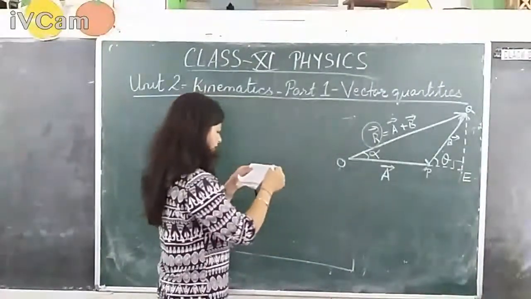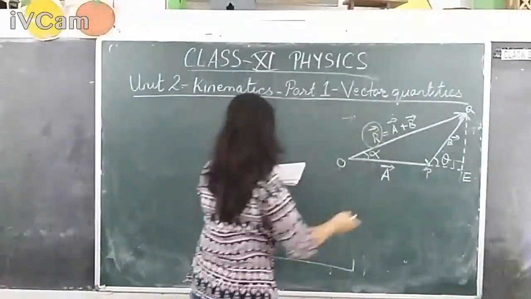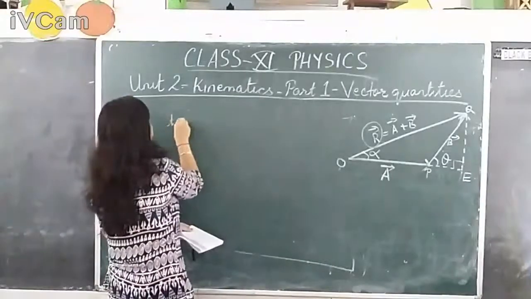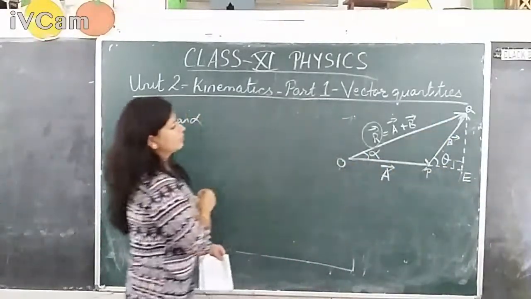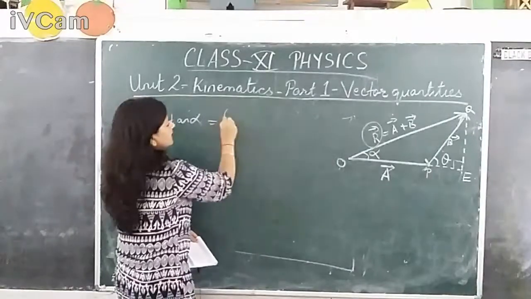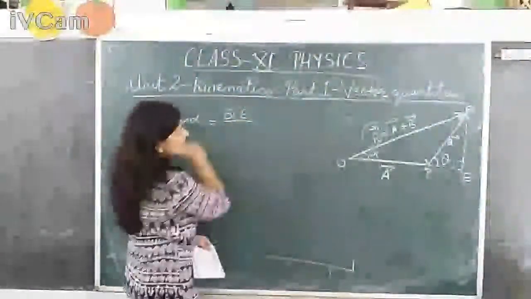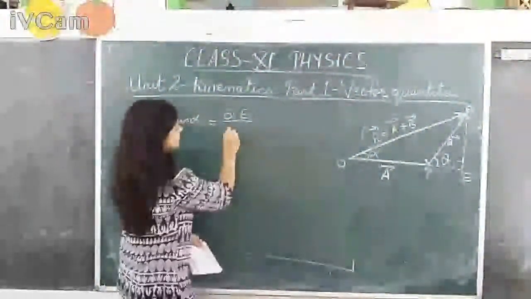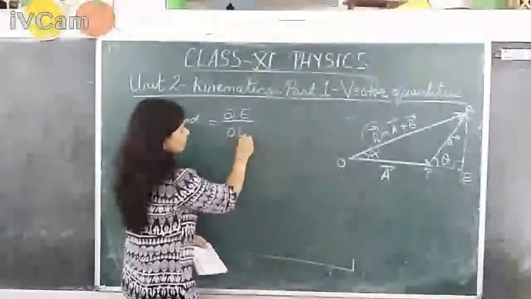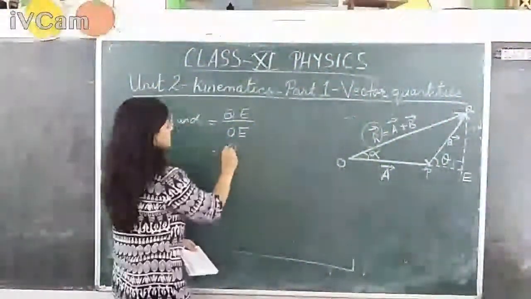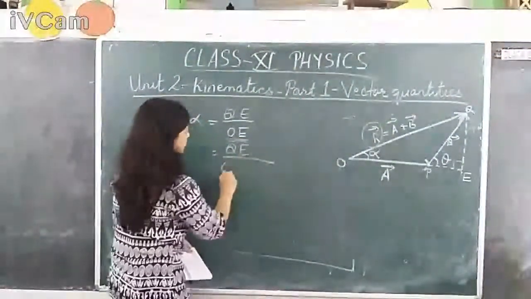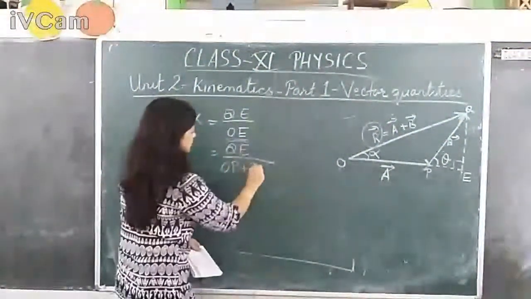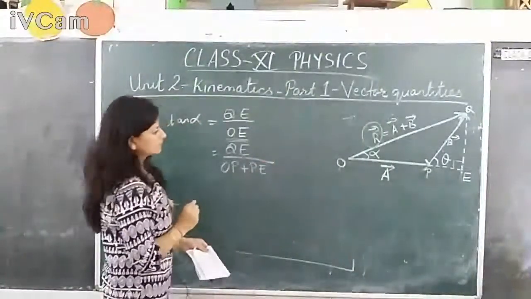If you look at this big triangle, tan alpha is equal to perpendicular by base, which is QE by OE, and OE is OP plus PE.